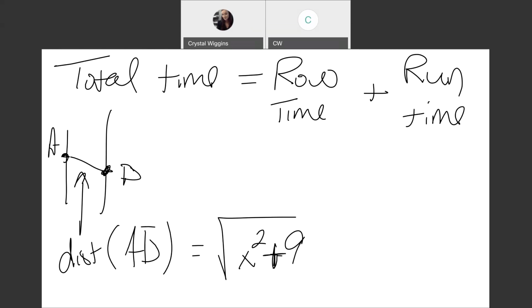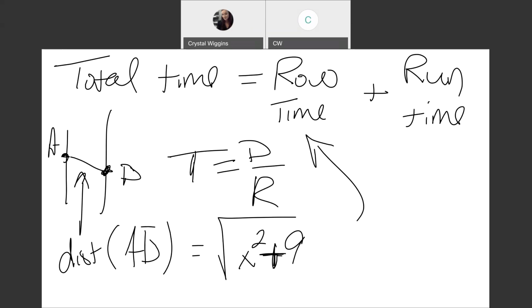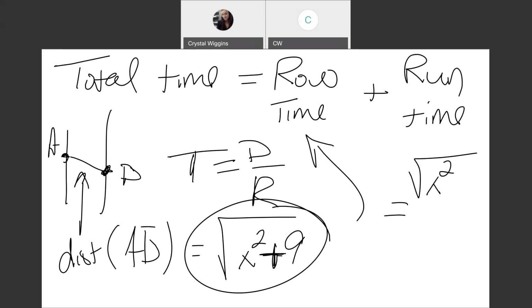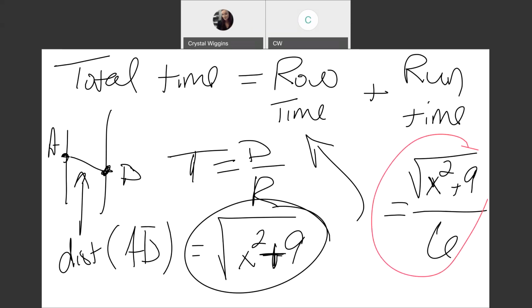That's our row distance. And row time, we just solved that time is equal to distance divided by rate. So our row time is going to be equal to the square root of x squared plus 9 divided by the rate that he rows, which we're told is 6 kilometers per hour. So that is our row time formula. Now we have the task of coming up with the runtime formula.